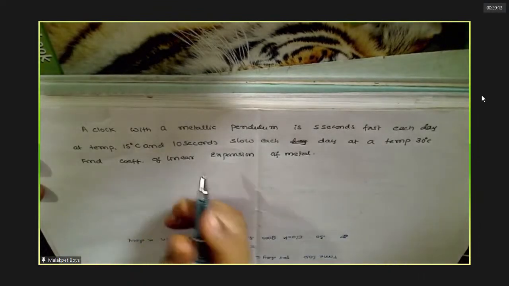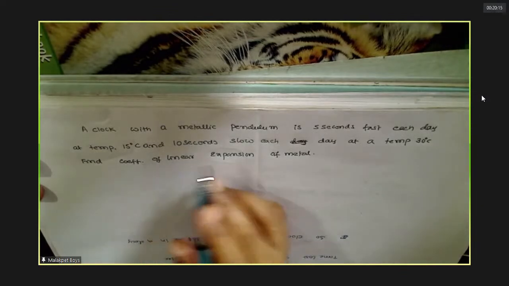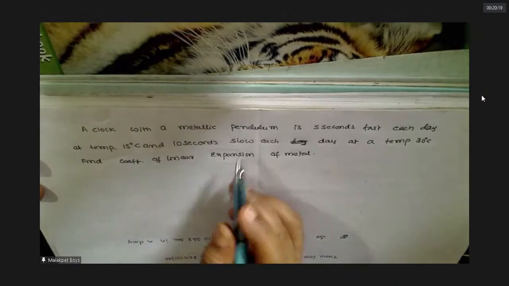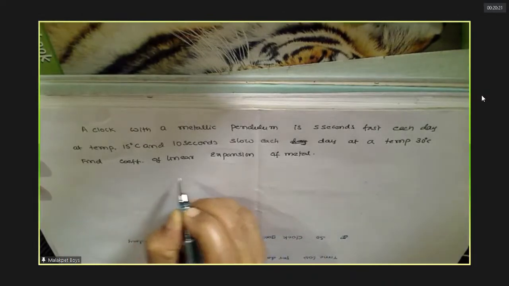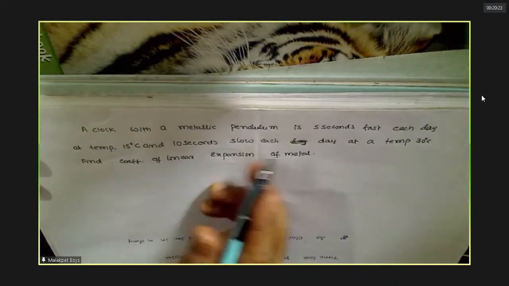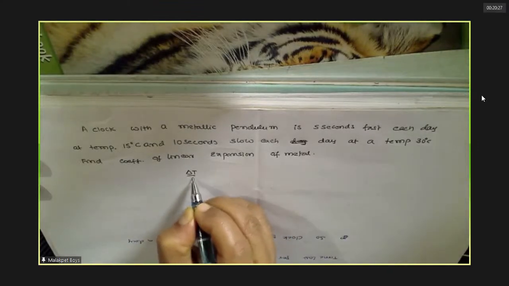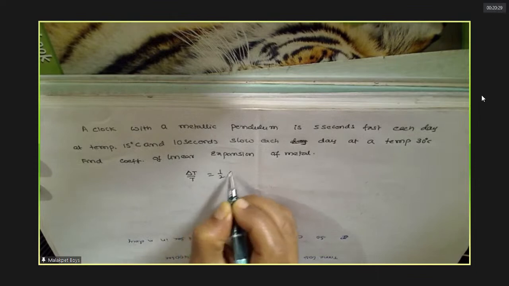See here, two equations, right, sir? See first case: 5 seconds faster. This is time lost or gained in a day now.